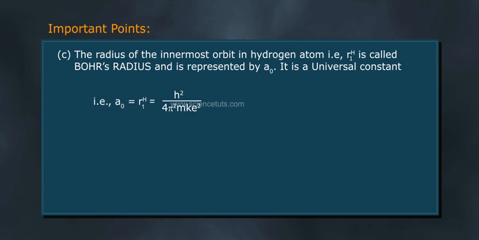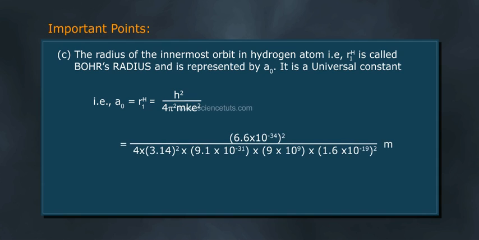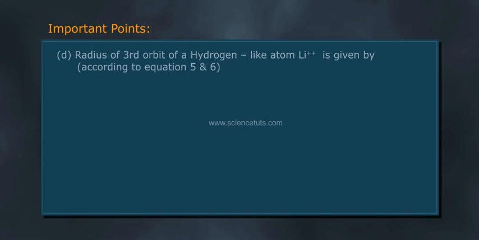That is, a0 equals r1H equals h² by 4π²mke², which is (6.6 × 10⁻³⁴)² by 4 × (3.14)² × 9.1 × 10⁻³¹ × 9 × 10⁹ × (1.6 × 10⁻¹⁹)² meter equals 5.29 × 10⁻¹¹ meter equals 0.529 angstrom.